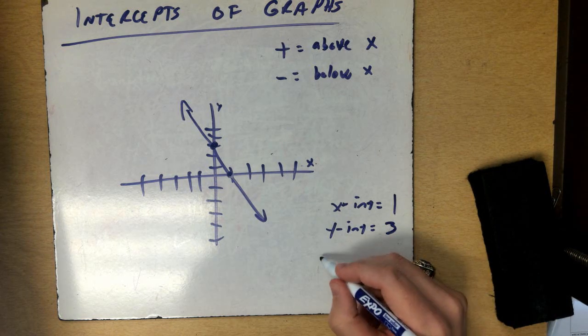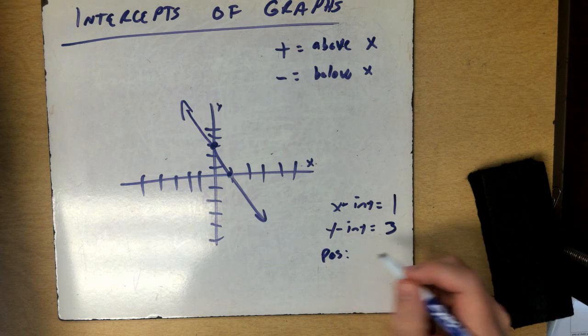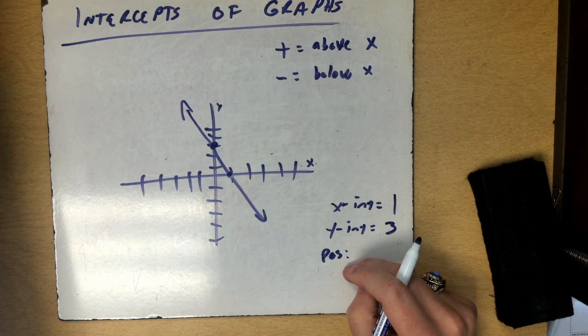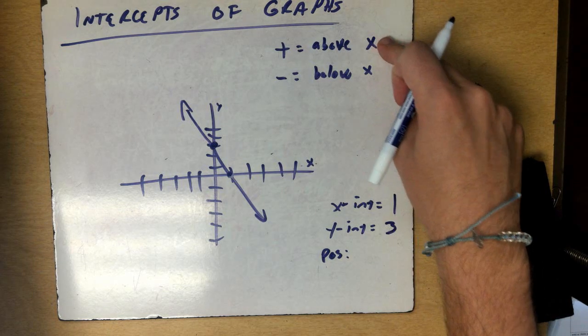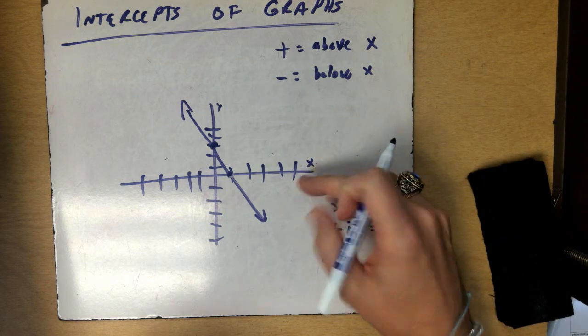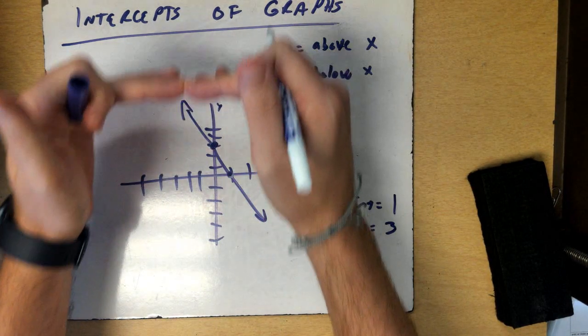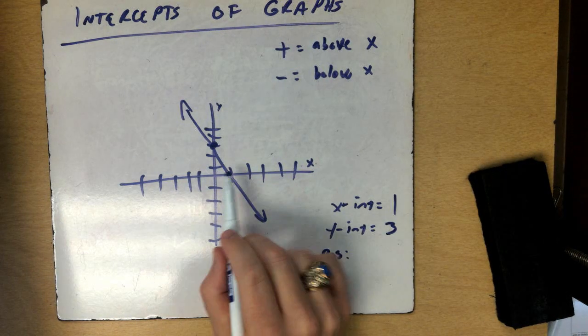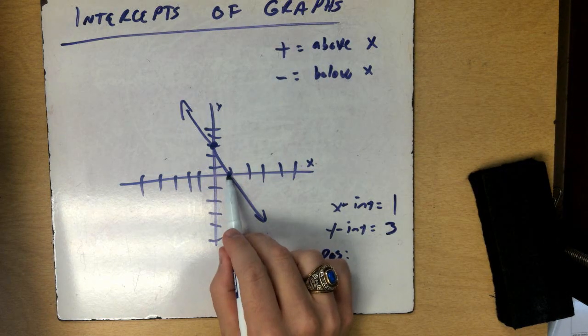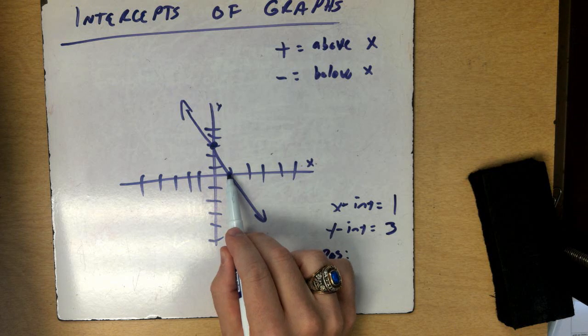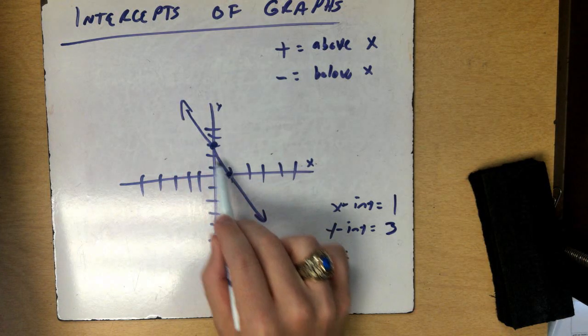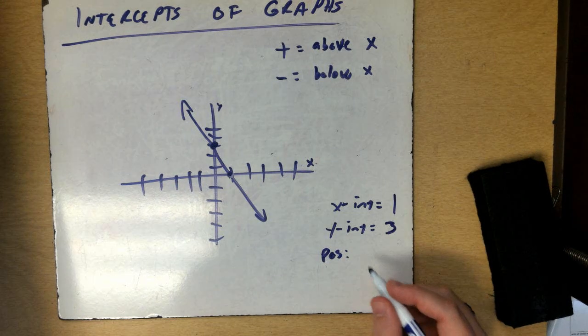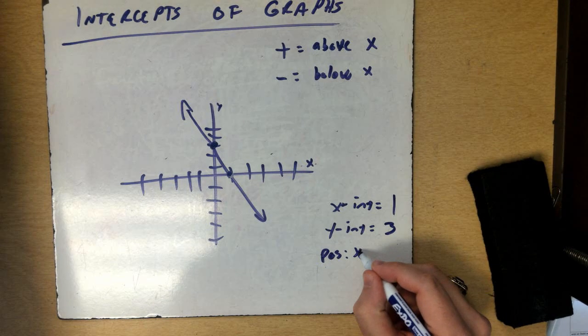Now, where is it positive? Remember, anything above the x is positive. So anything above here is positive. If I'm looking at my x-intercept here at 1, it means everything on the graph above here is all positive. How I'm going to write this is x, that's what I'm looking at.